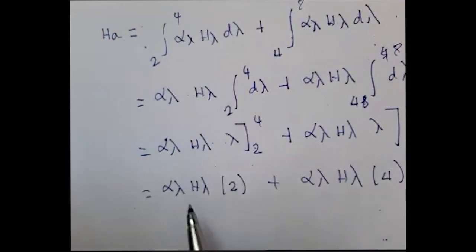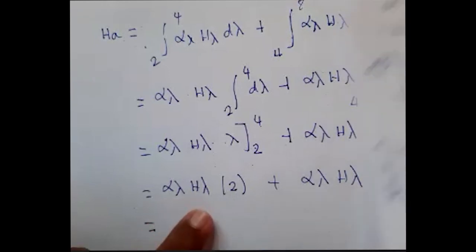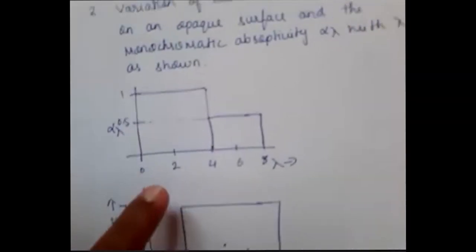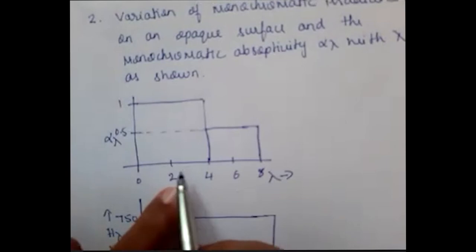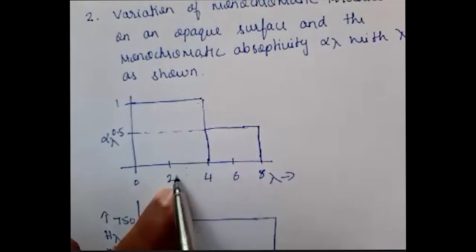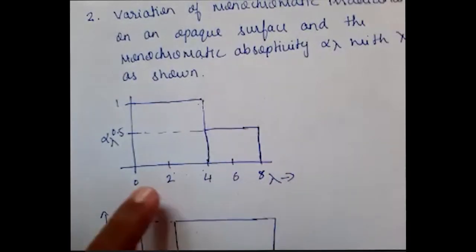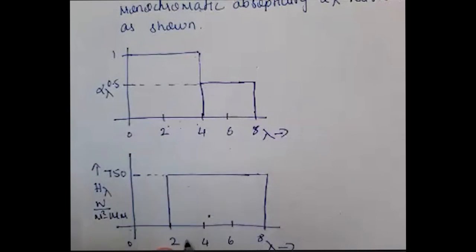Now, alpha lambda between 2 to 4 is 1, and H lambda between 2 to 4 is 750.